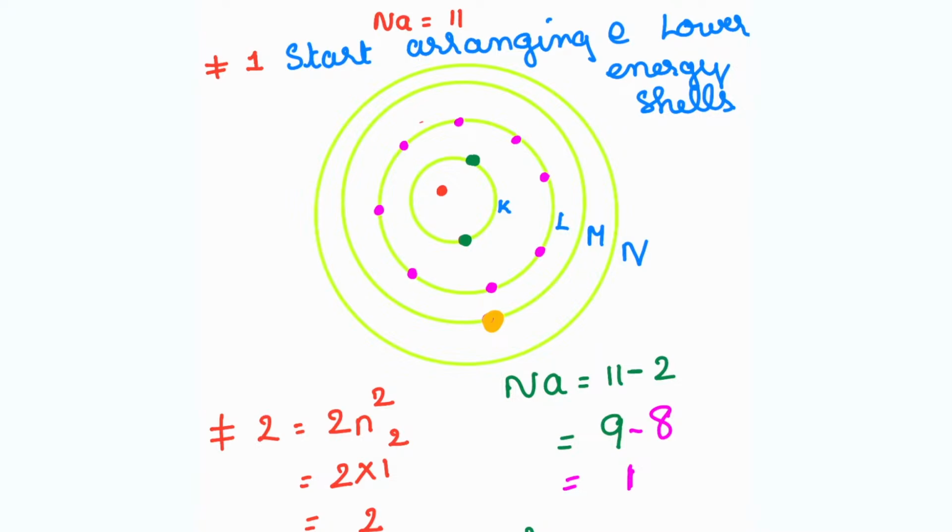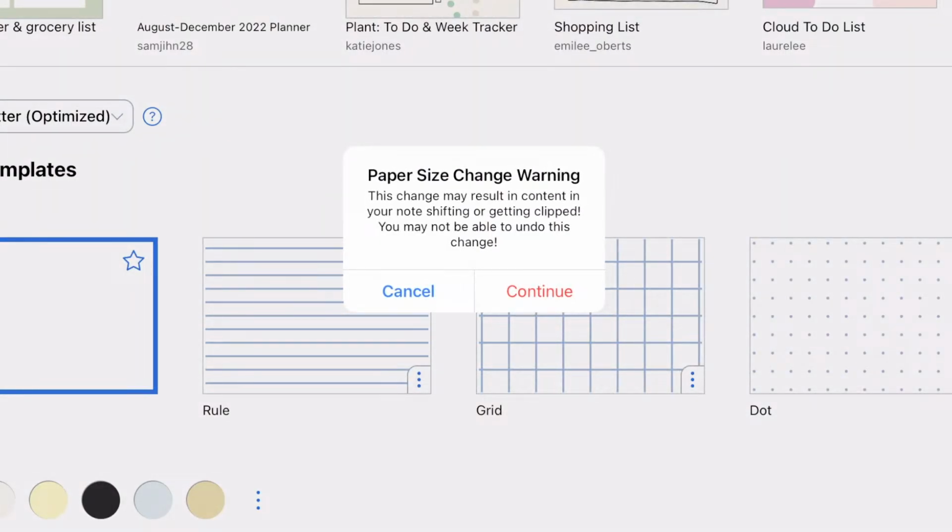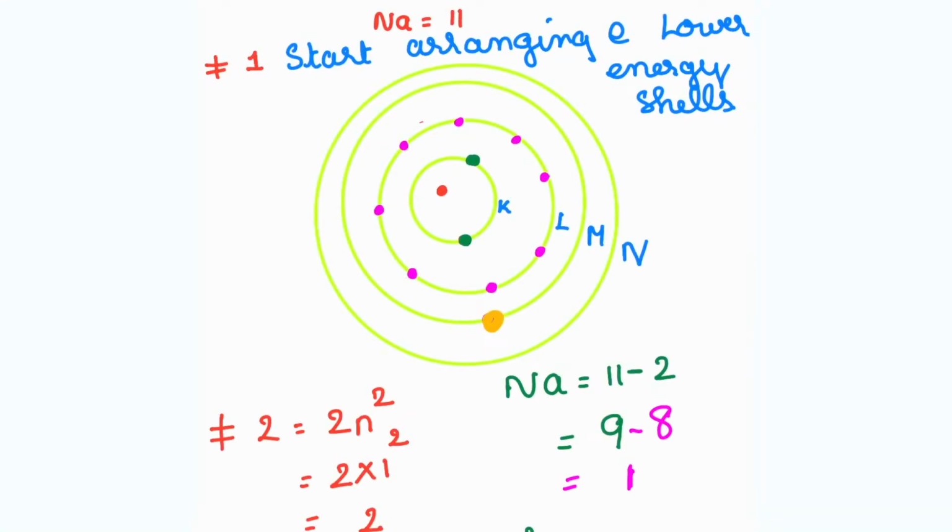So we are going to see how we are going to distribute the electrons based on the rules.